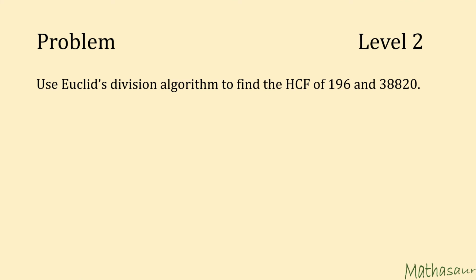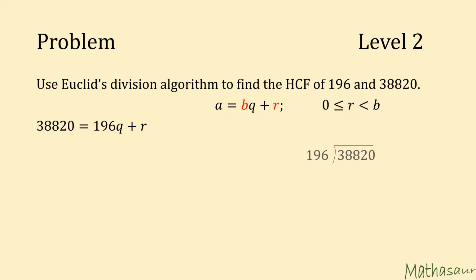Use Euclid's division algorithm to find the HCF of 196 and 38,820. So let us write the algorithm once again and take the larger number as A and the smaller number as B. So we are going to divide 38,820 by 196.